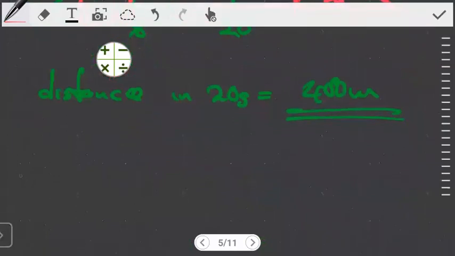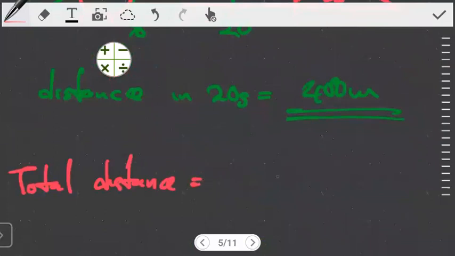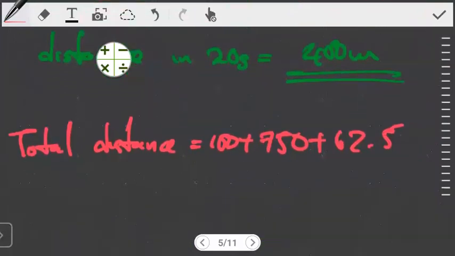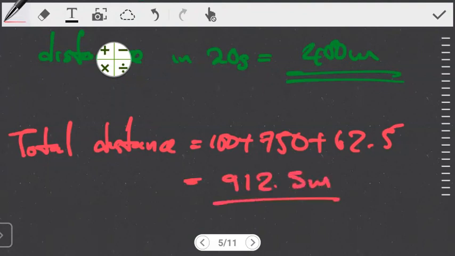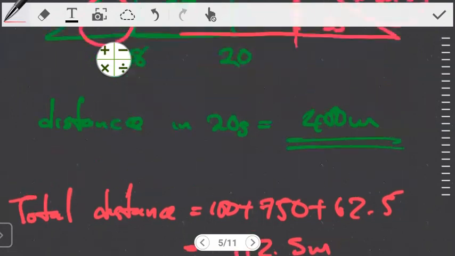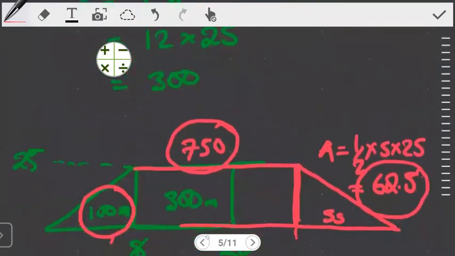So total distance is the first 100 plus the 750 plus the 62.5, and if we add this, we get 912.5 meters. This is the total distance it covers during its total journey.